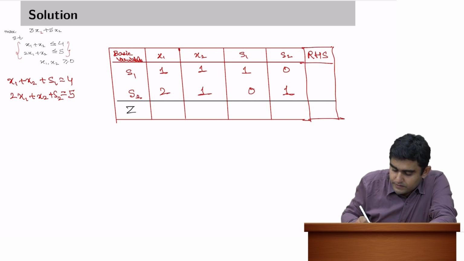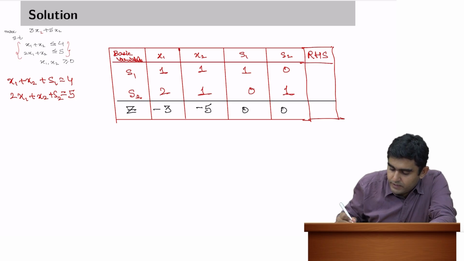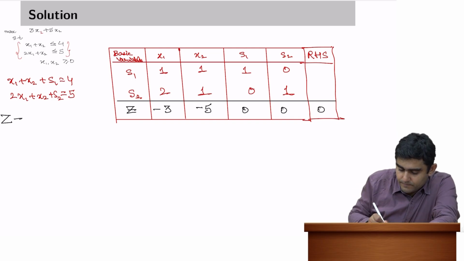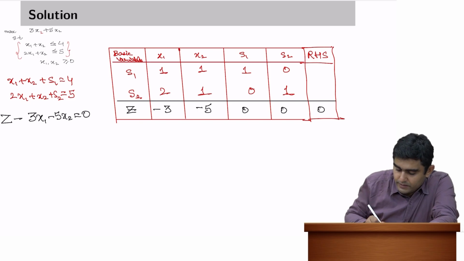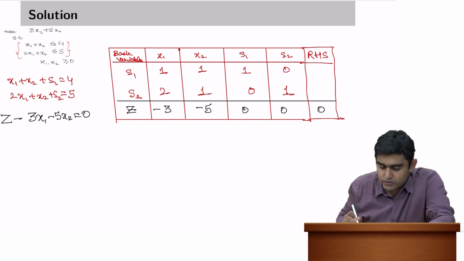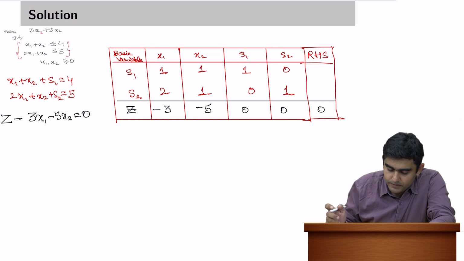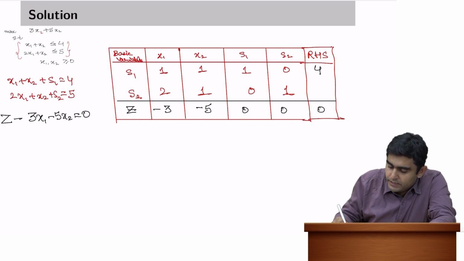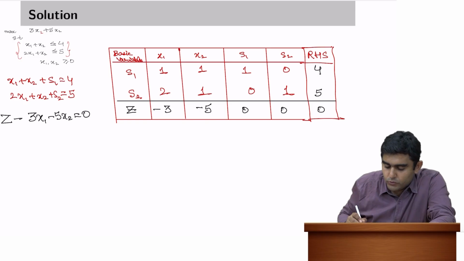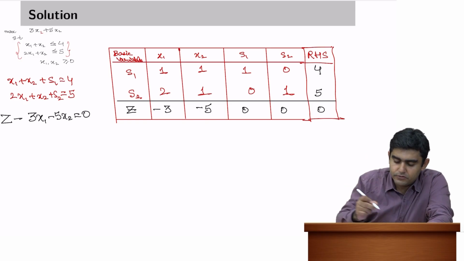So z equals -3, -5, and slack variables are not present in the objective function. To begin with, the value of the objective function, z minus 3x1 minus 5x2, is equal to 0 itself. Why? Because x1 and x2 being non-basic variables take the value of 0, making z equal to 0 as well. The values of s1 and s2 simply take the values 4 and 5, because these are the only two basic variables present in the solution.